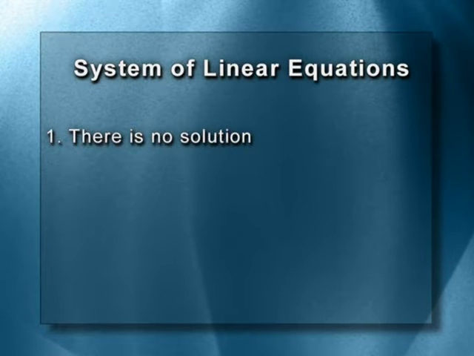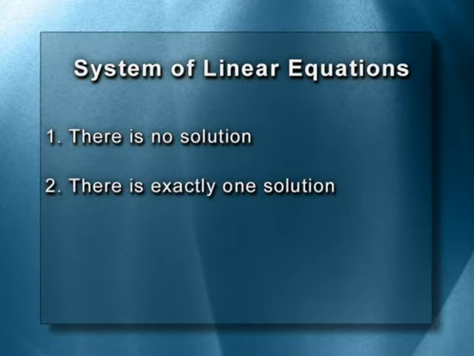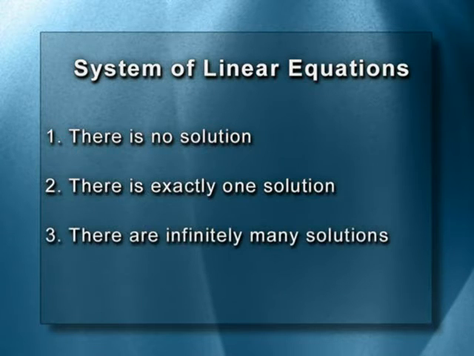Either there's no solution, exactly one solution, or an infinite number of solutions. In particular, given a linear system, you'll never have exactly 7 solutions, or 14 solutions, or 2 solutions. It's either 0, 1, infinity. That's always going to be true, one of those three cases.